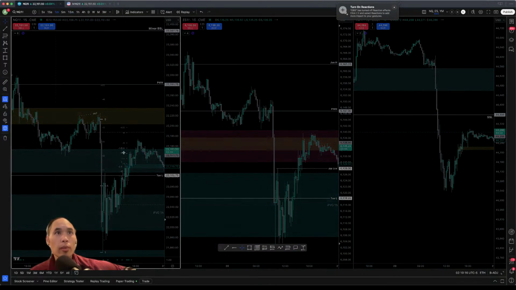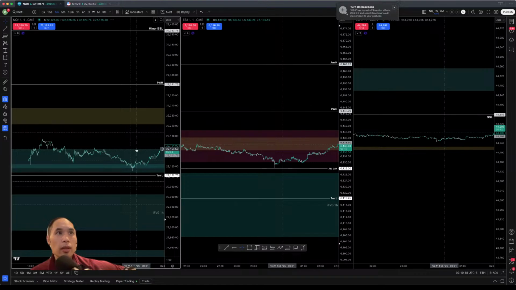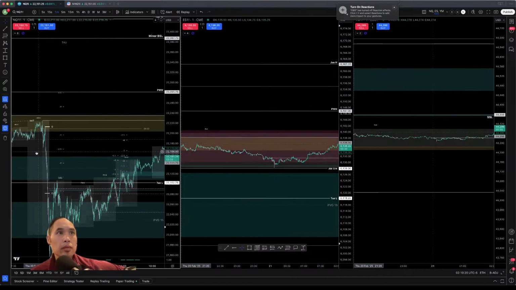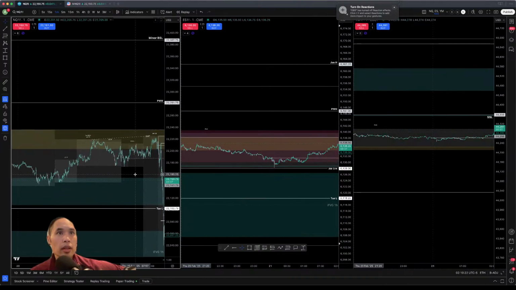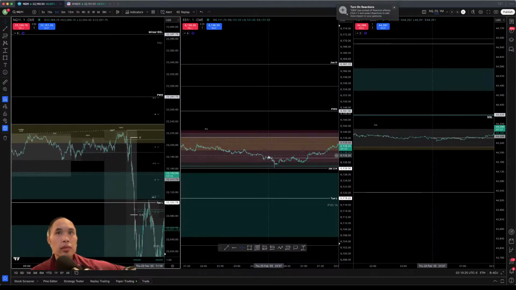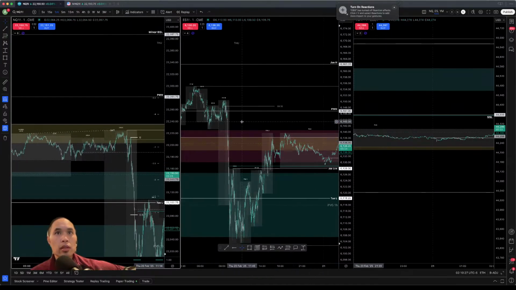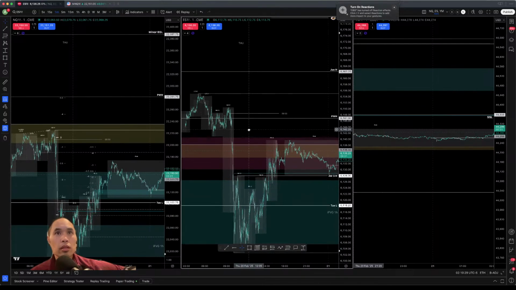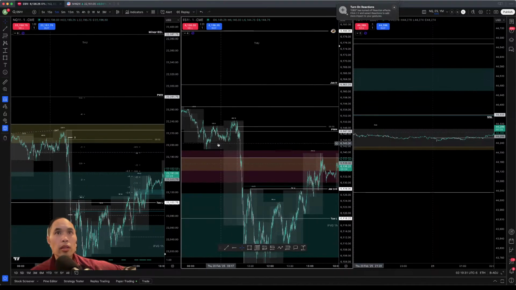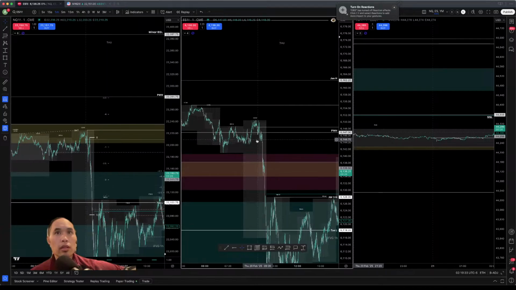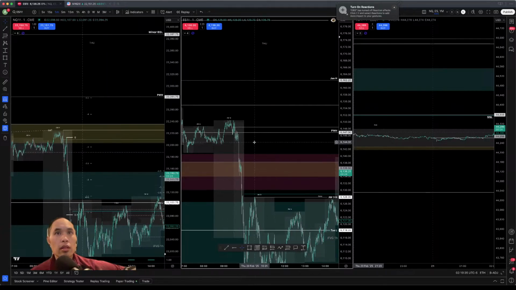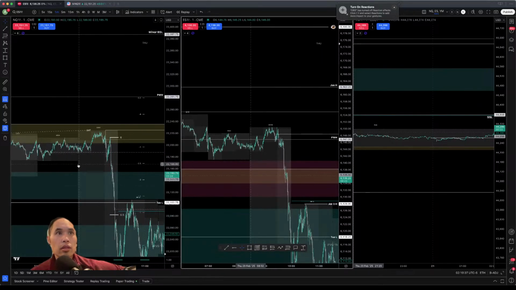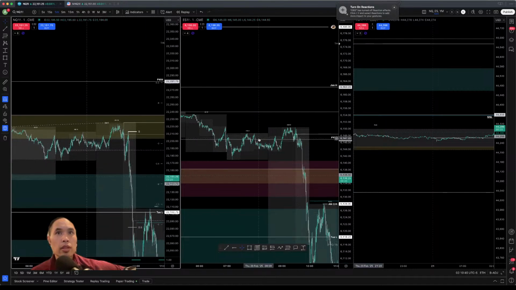Actually, we just go down to the 1 minute and look at the open. Look at the 9:30 open right here. So what else do we see here? We see NQ take this high, ES leaves it.